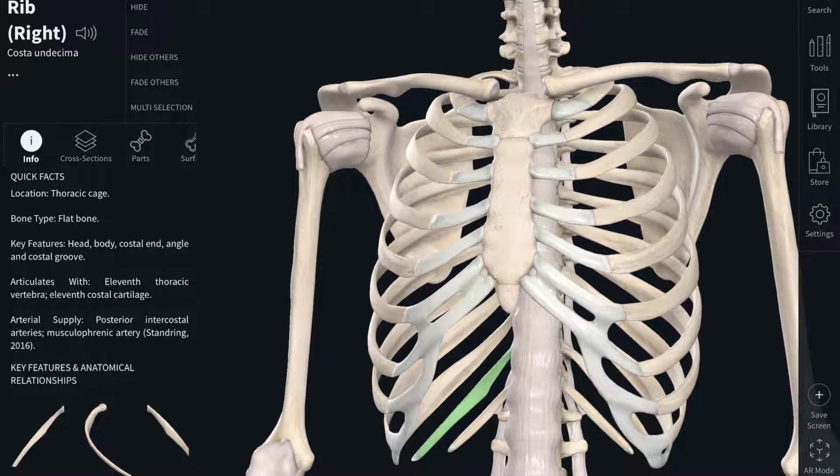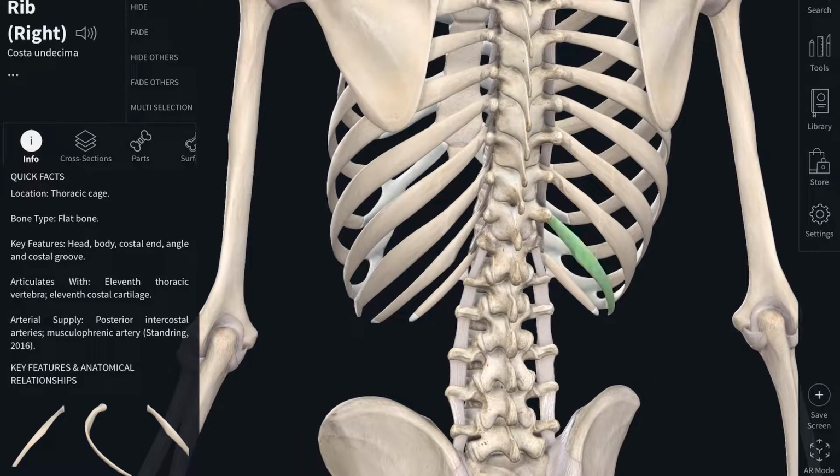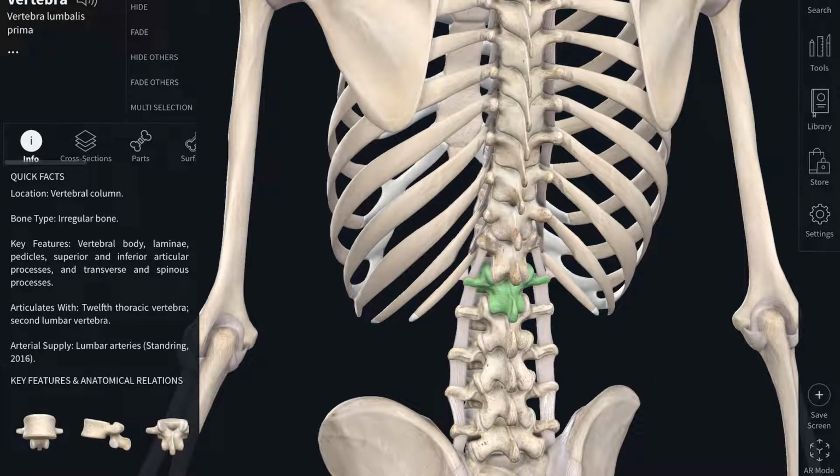All right, so now looking at the lumbar vertebrae, there are 5 lumbar vertebrae, and they make up the lordotic lumbar curve. They have large vertebral bodies and are very well suited to support our weight.